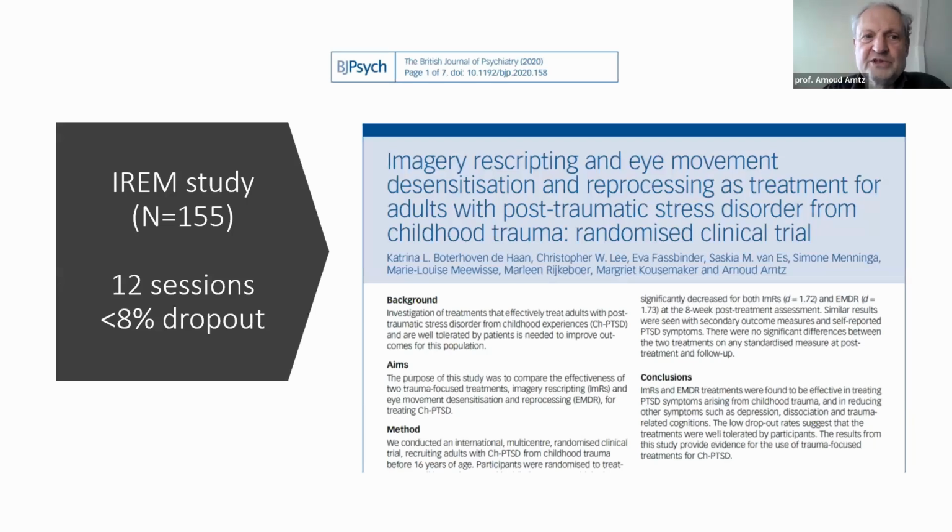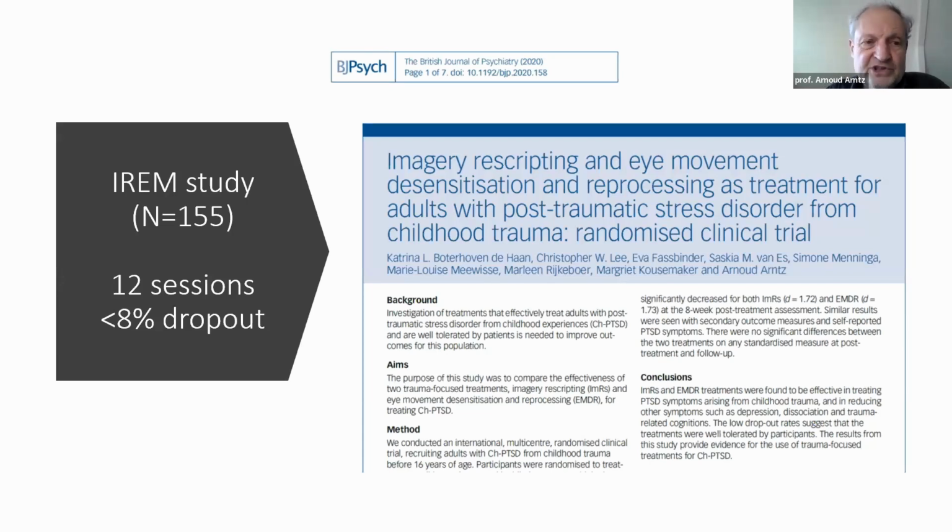What do we know more specifically about PTSD treatments? I will discuss a number of treatment studies. The first one is the IRAM study, an international study where imagery scripting and eye movement desensitization and reprocessing, EMDR, were compared as treatments for post-traumatic stress disorder related to childhood trauma.